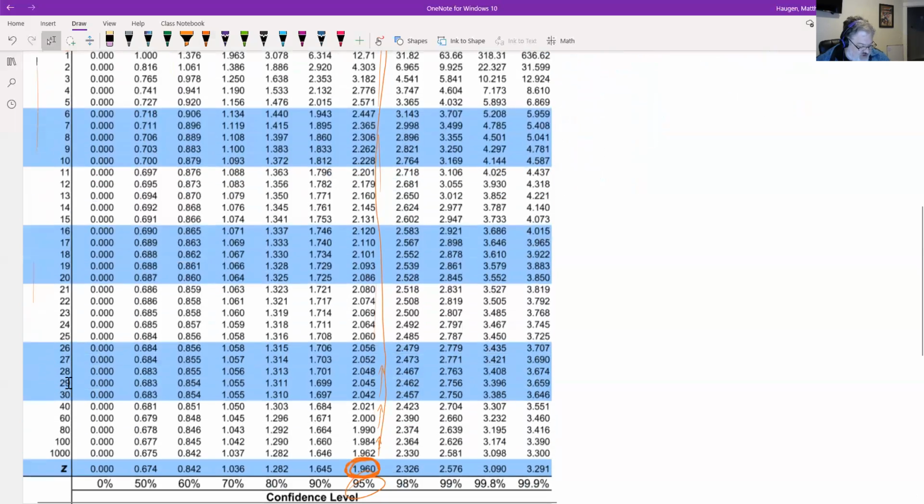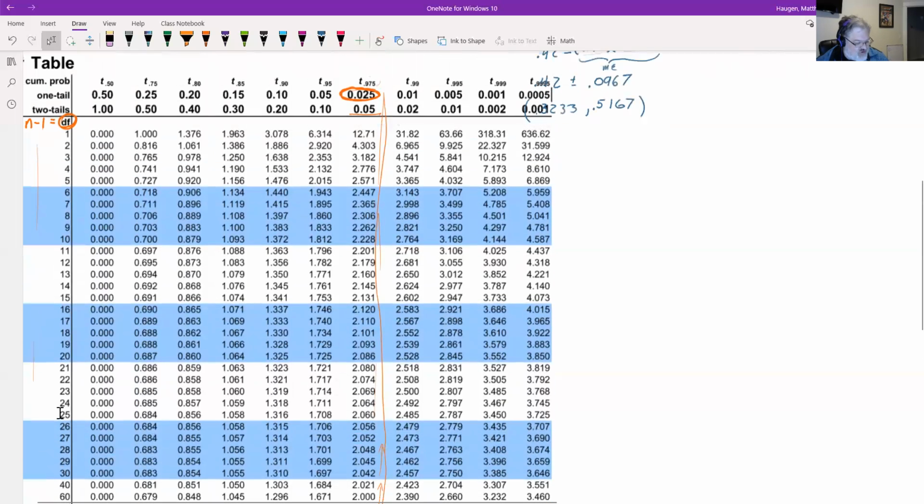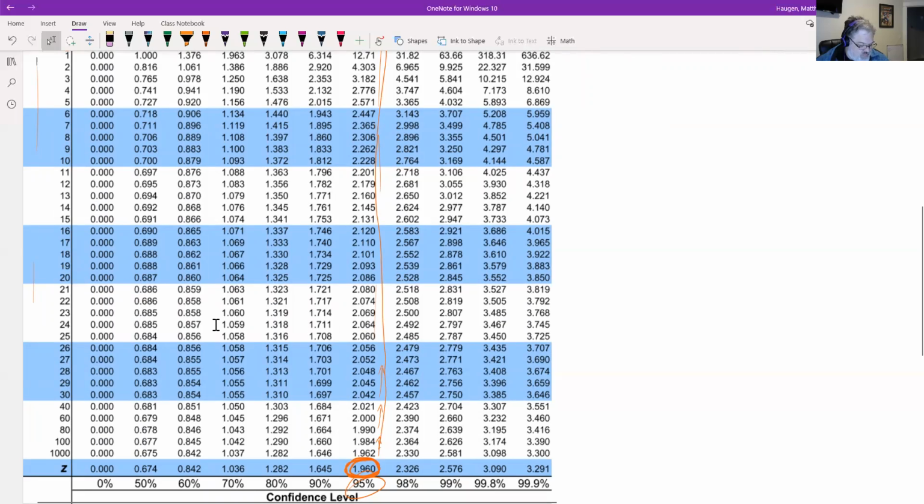Now, you might notice after a while the chart starts to get bigger, as does the one in your textbook. After a while, the difference of 1 degree of freedom doesn't make that much of a difference. But when you're talking about very small sample sizes of like 4 or 5 or 6, it makes a pretty big difference, that 1 value. So it can be important.